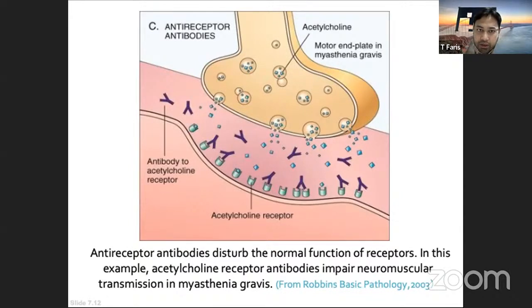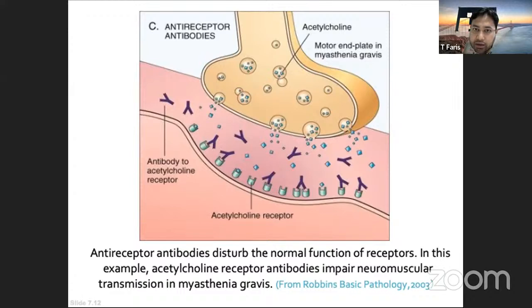And this is using the anti-receptor antibodies, using the antibody to acetylcholine receptors. This is the NMJ, the neuromuscular junction at the tip of the synapse, or what we call your nerve cells. Okay, you have these acetylcholines as the neurotransmitters.